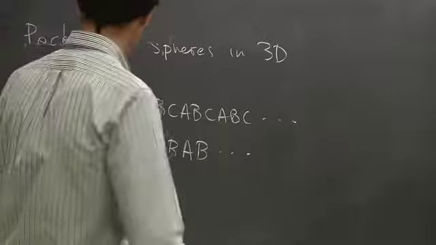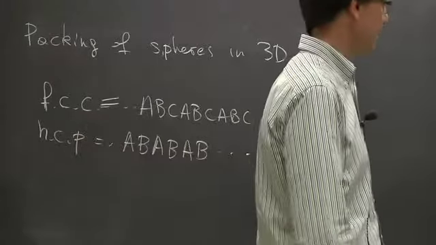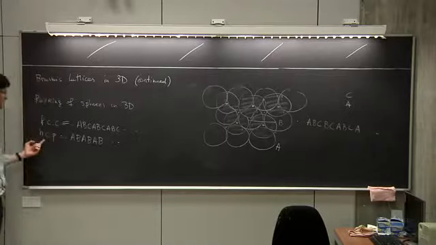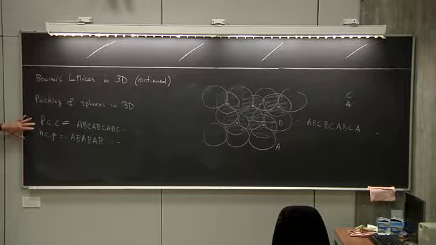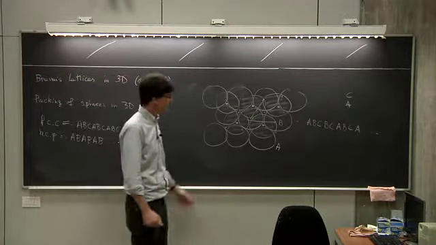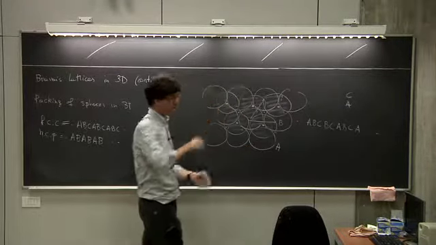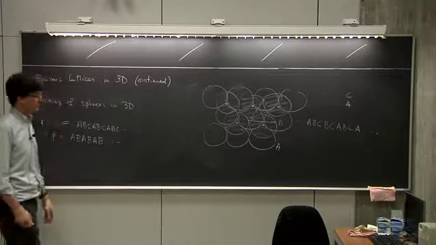Titanium, for example, crystallizes in the HCP structure. Or iron at high pressures. There are several elements that crystallize in the HCP structure. They're all equally good in terms of sphere packing, but they just differ in the way these layers are stacked on top of one another.